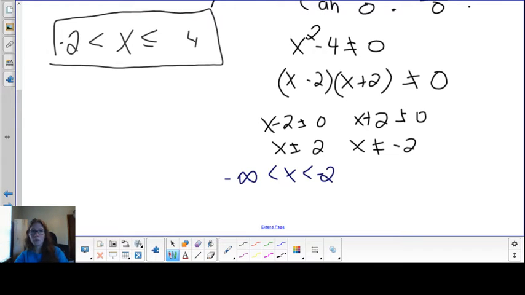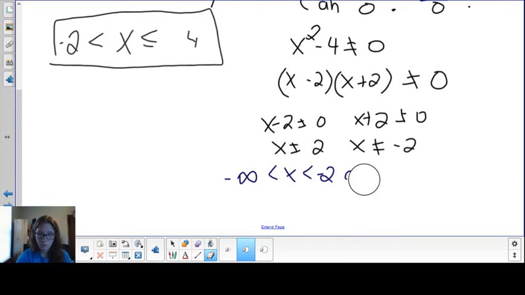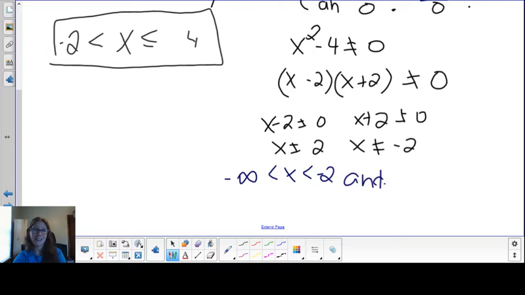But that's only on the smaller part. What about on the positive side?